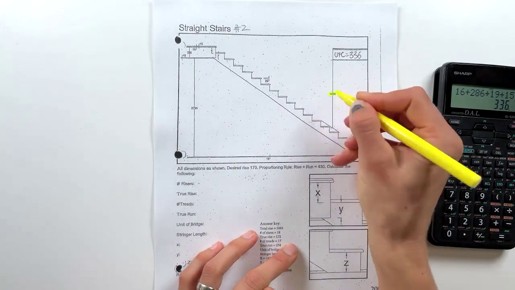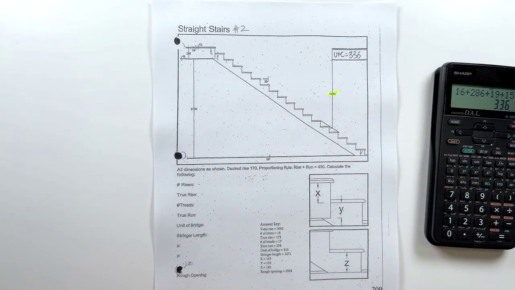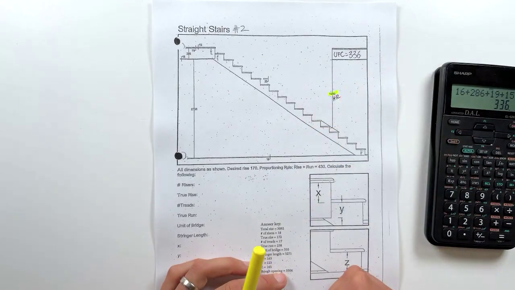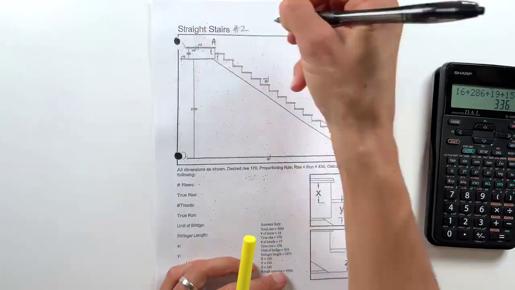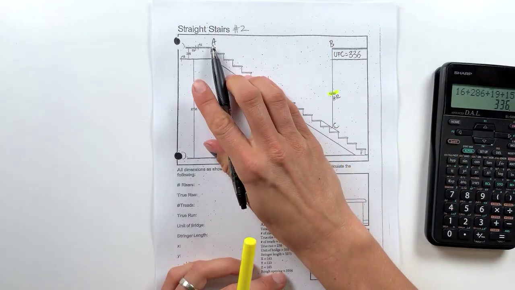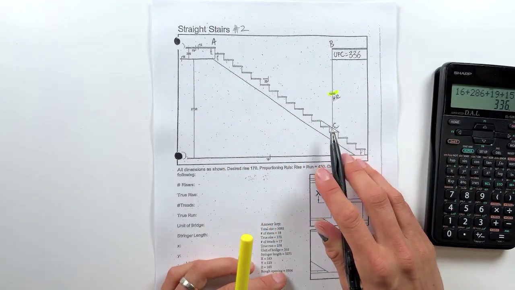This number right here, the 1950, should sound familiar. That is the headroom. Later, for figuring out the finished opening, we're going to be drawing ourselves a triangle and comparing numbers.